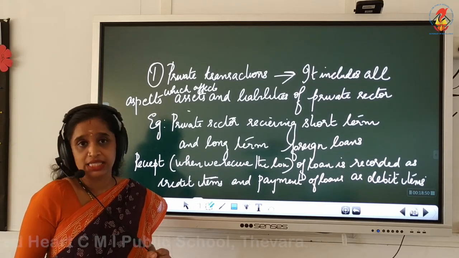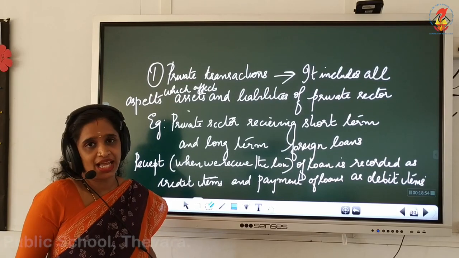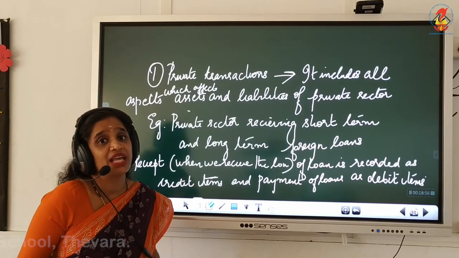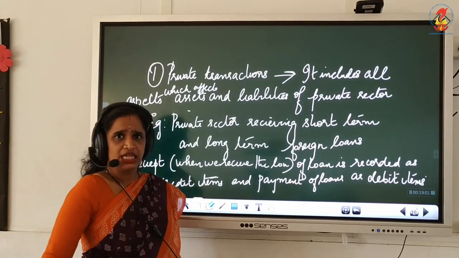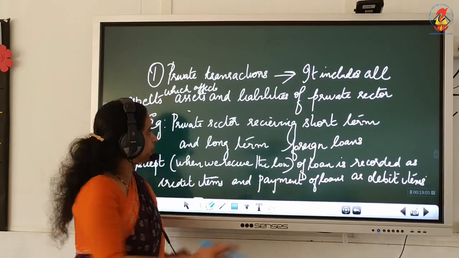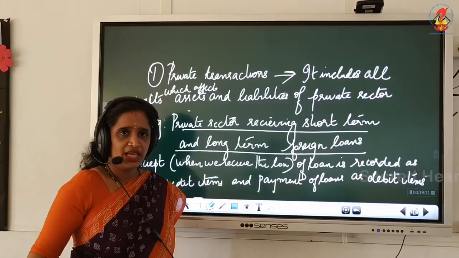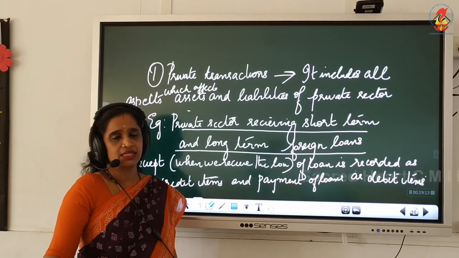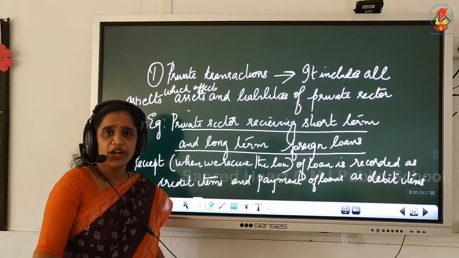Now let us give an example of some changes in the assets and liabilities that can happen for private transactions. For example, every private sector will be receiving short-term and long-term foreign loans because for its existence in the economy, they will be in need of money.